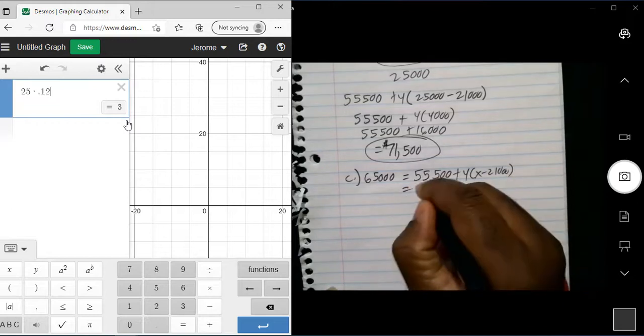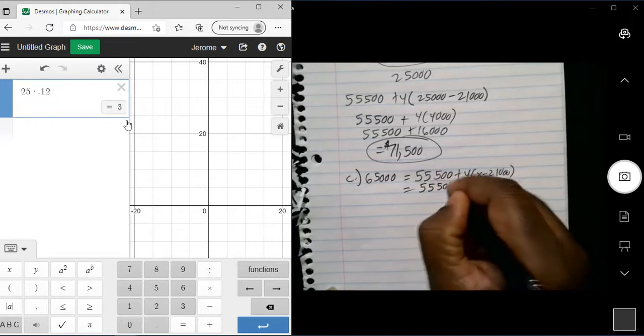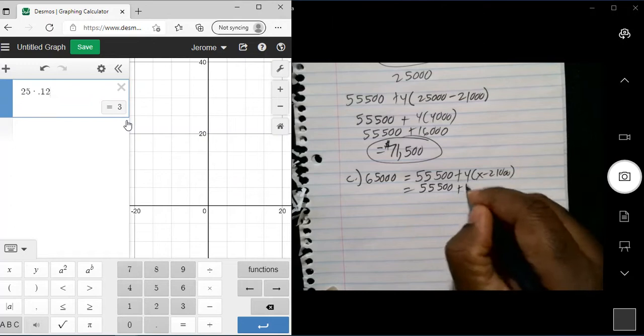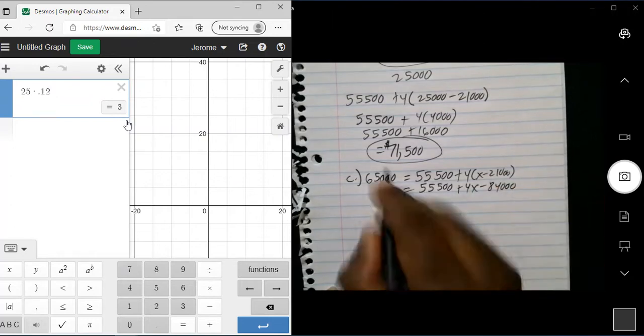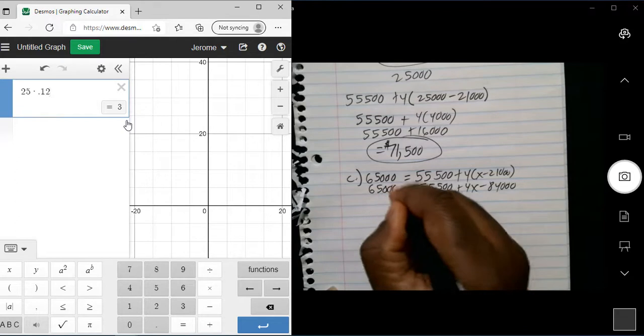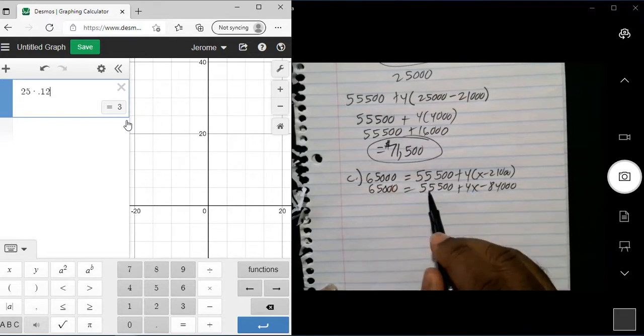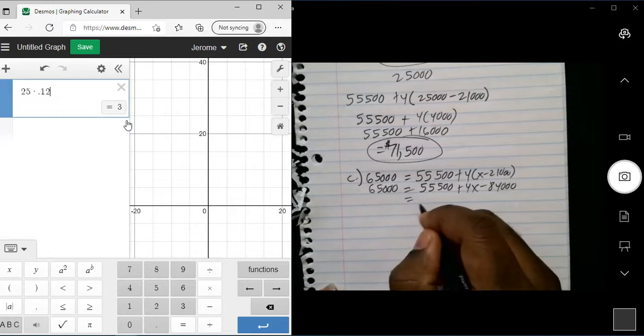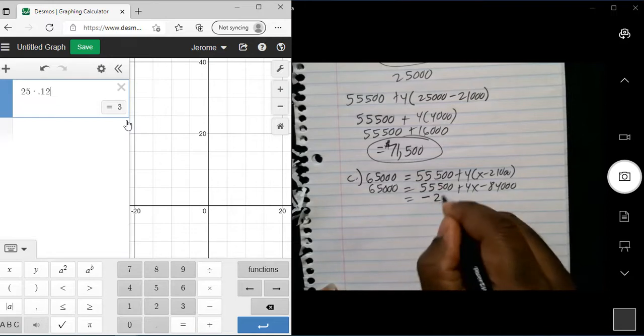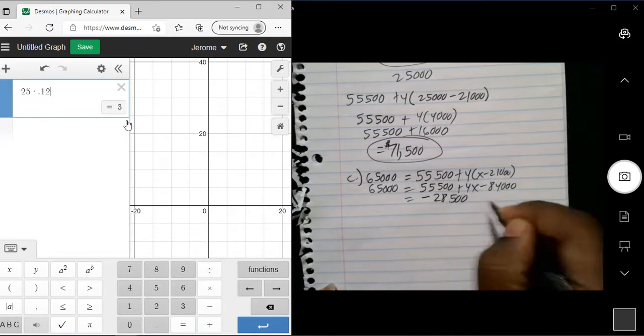So we would take care of this side first. Let's do the distributive property. It'll be 4x minus 84,000. So now 55,500 minus 84,000 is actually a negative 28,500.